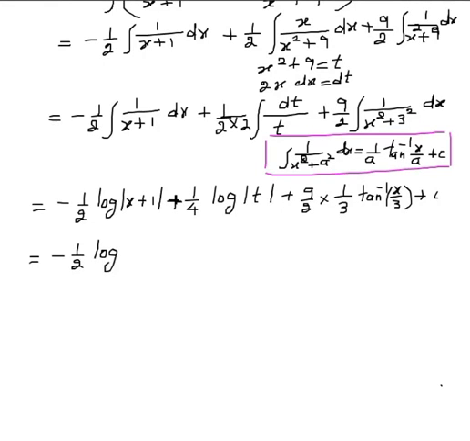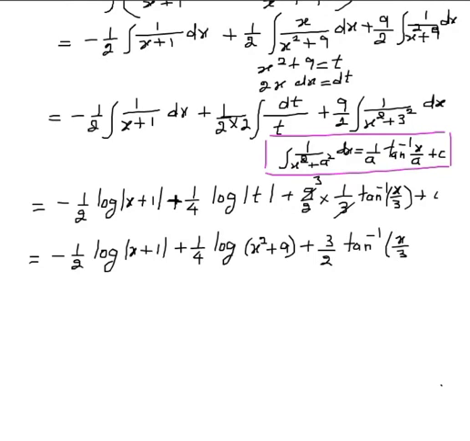Don't forget that step. So minus half log of absolute value of x plus 1, and plus 1 by 4 times log of t, where t is x squared plus 9. X squared plus 9 are positive values, so we can remove the absolute value sign. And the last term is 3 divided by 2 tan inverse of x divided by 3 plus c.